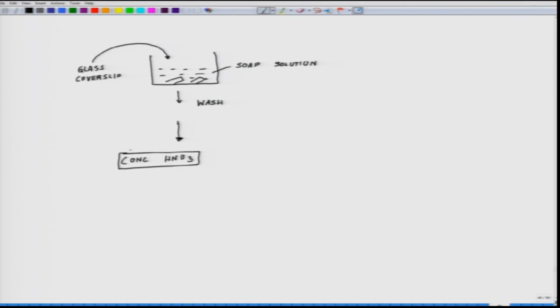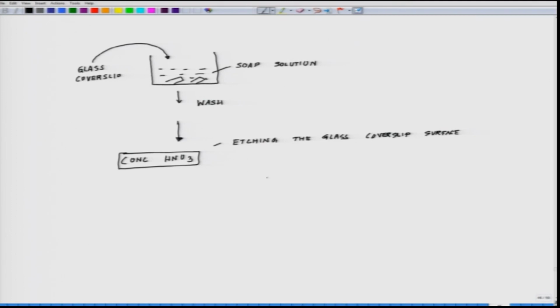This is where you are really etching the glass cover slip surface. So you actually make it slightly more rough than normal.